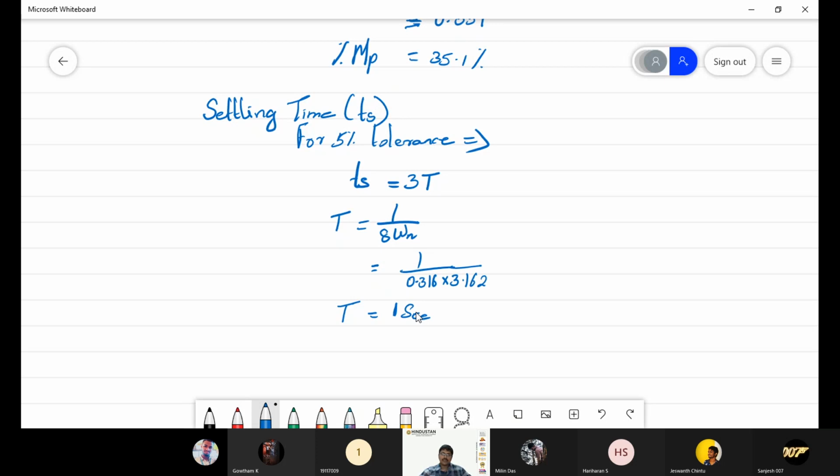T is equal to 1. Therefore, Ts is equal to 3 multiplied by T. That is T is equal to 1, therefore Ts is equal to 3 seconds. So please check carefully. I hope you will get the answers like that.